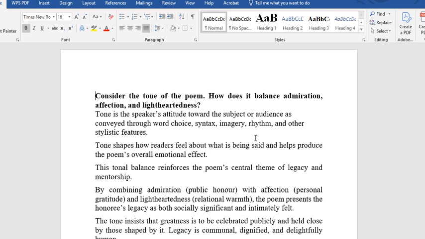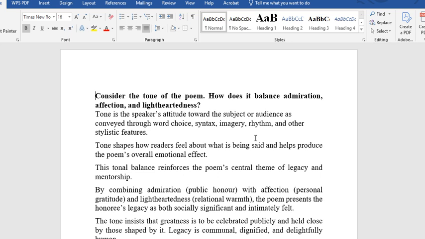So tone is the speaker's attitude toward the subject or audience as conveyed through word choice, syntax, imagery, rhythm, and other stylistic features. So through the tone of the poet, we can understand the mood of that particular poet.